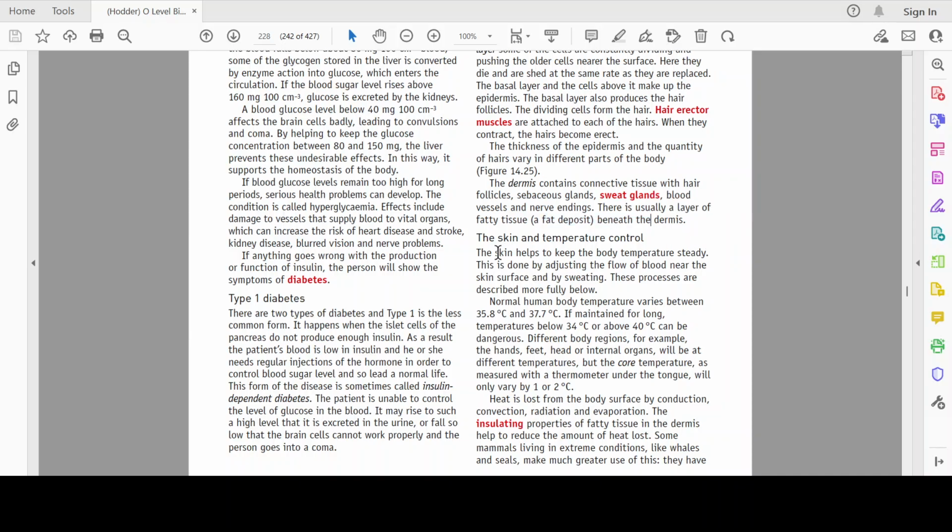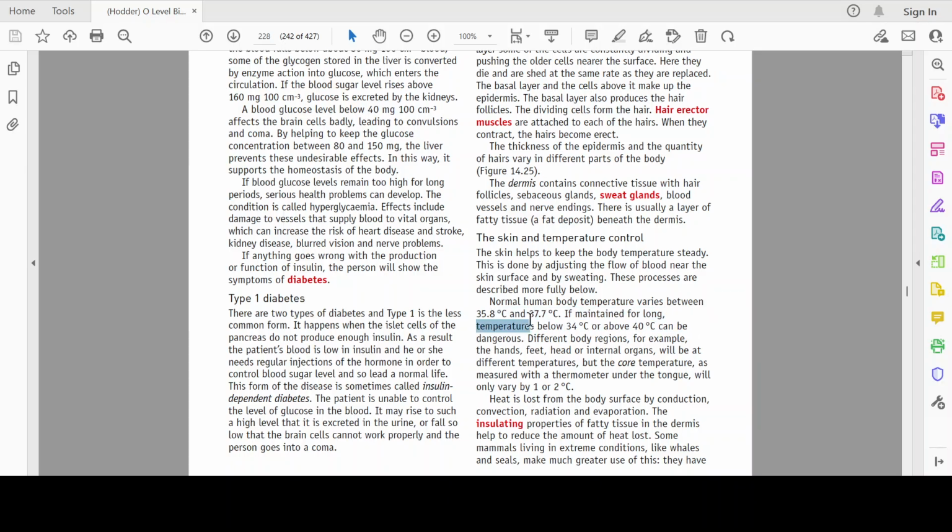So what happens? Again, the normal body temperature is between 35.8 and 37.7. If maintained for long, temperatures below 34 degrees centigrade or above 40 degrees centigrade can be dangerous.